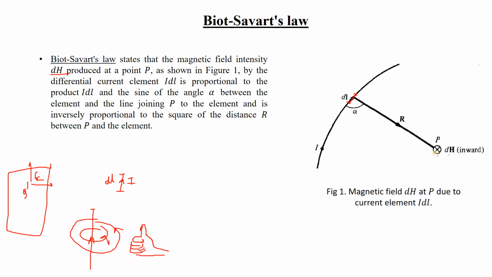Now dH is a rotating magnetic field, because, as I have told you, the magnetic lines of force, this red color, circle the conductor. So what is flowing through the magnetic lines of force? Fluxes are flowing through the magnetic lines of force.